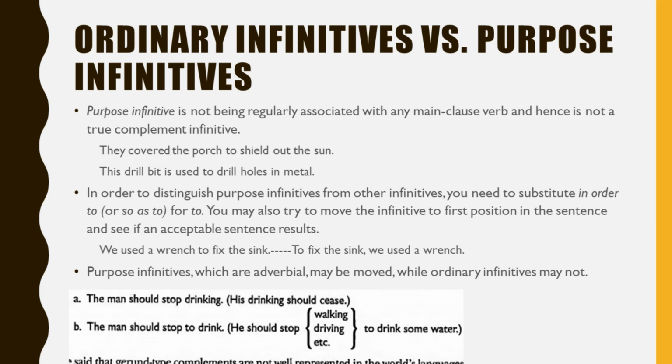We have said that gerund type complements are not well represented in the world's languages while infinitives are common. This fact undoubtedly contributes to the frequency of errors where the B sentence pattern above is substituted for the A pattern. Teachers should expect frequent errors of this type and perhaps address the issue directly during class time.